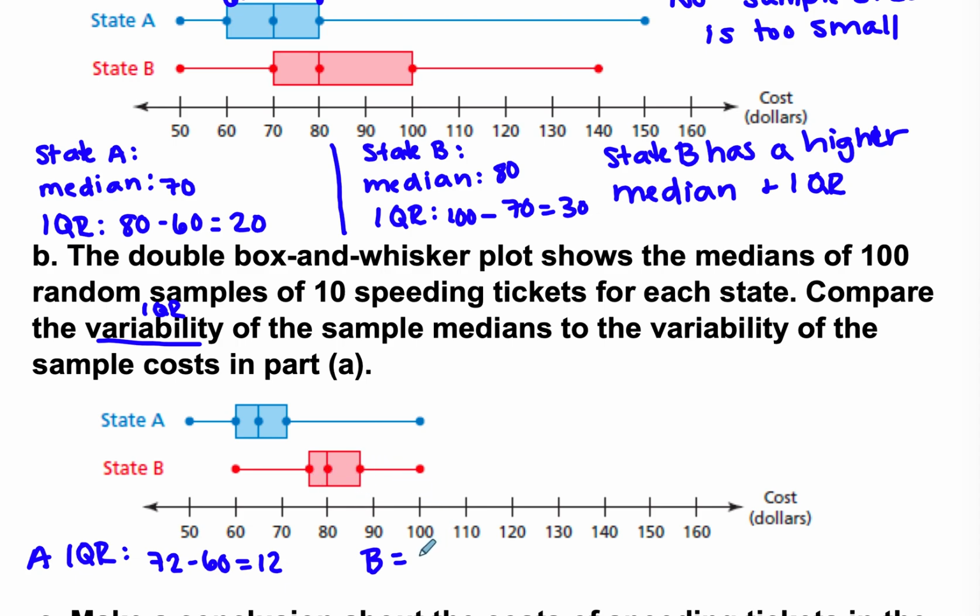It's hard to tell exactly. So it looks like they are about the same. Okay, and then compared to the IQRs up here, it looks like the IQRs are much smaller than the IQRs up there. It means the numbers are closer together. There's less spread.